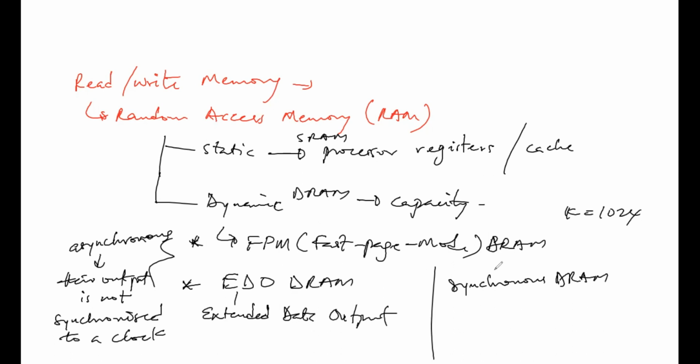Then we also have double data rate SDRAM, which provides data at both the rising and falling edges of the clock. This effectively doubles the memory bandwidth and satisfies the high-speed transfer rate of faster processors.